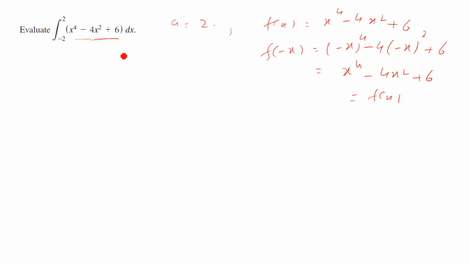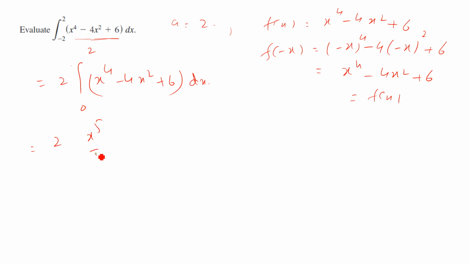So the function is even, and when the function is even, this is equal to 2 times the integral from 0 to 2 of x^4 minus 4x squared plus 6 dx.